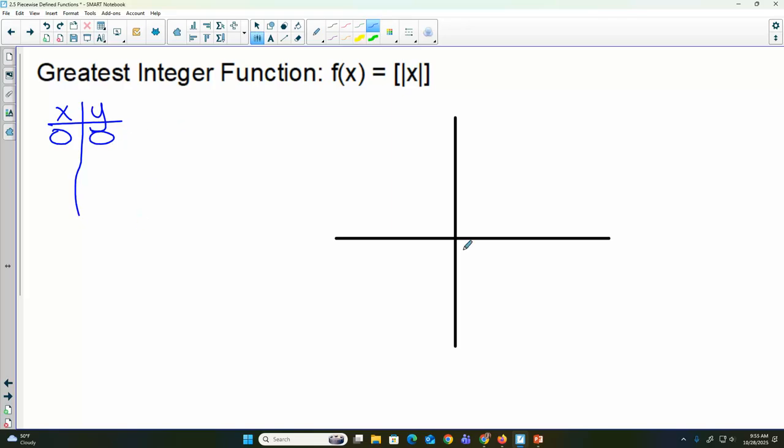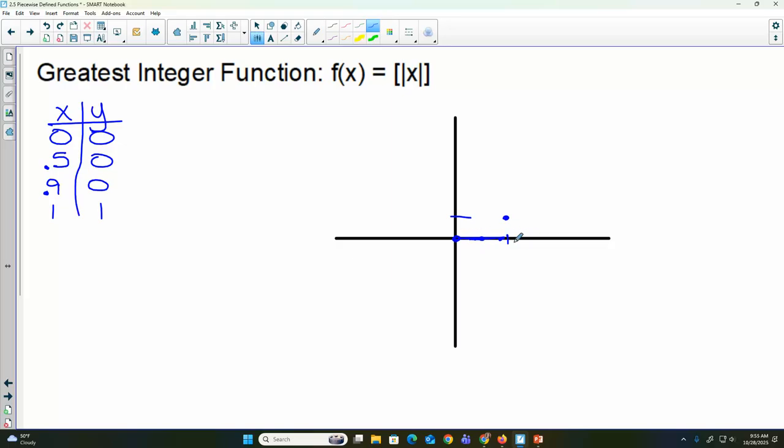Now, if I only put in the integers 0, 1, 2, 3, that's not going to help me here because I just get those numbers out. So with the greatest integer function, you have to put in some decimals. If I put in 0.5, still 0. What if I put in 0.9? What if I put in 1? 0.5 is still giving me 0. 0.9 is still giving me 0. But when I put in 1, I get out 1. So anything between 0 and 1, when I plug that in, I'm getting out 0.